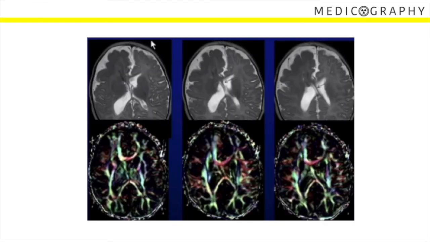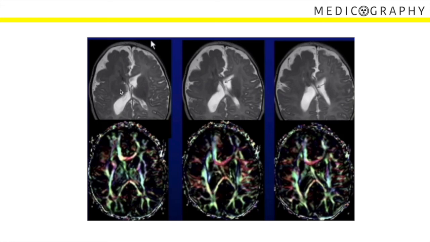This is another case. If you can see this, this is an abnormal brain. The cortex is abnormal, and this side is somewhat hideous. I mean, this is a big cortex, a thick cortex, like a polymicrogyria or something, and there is a huge ventricle.